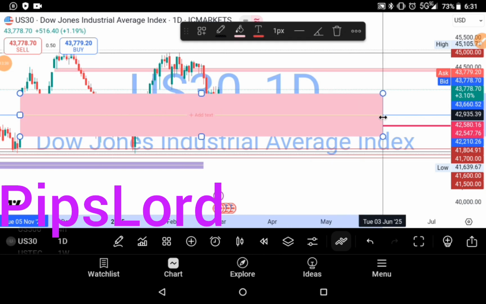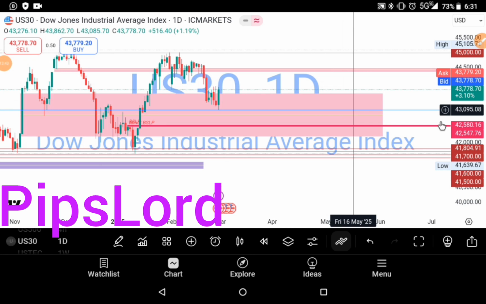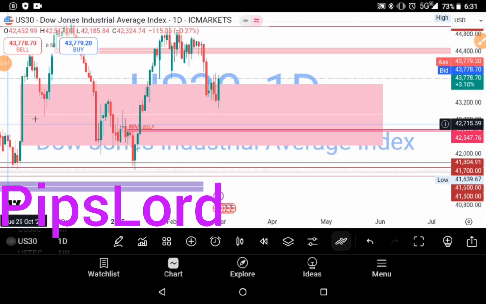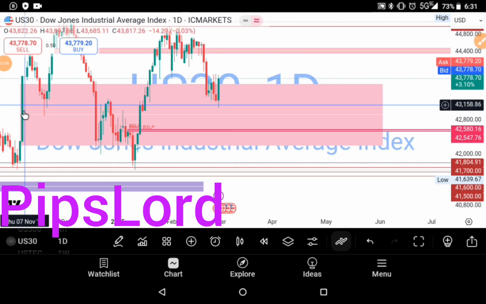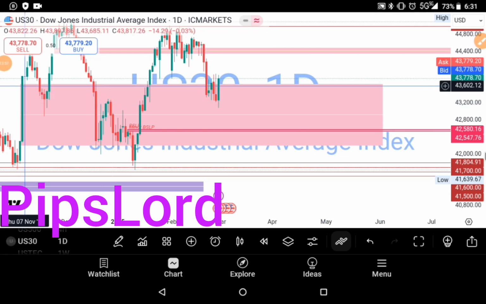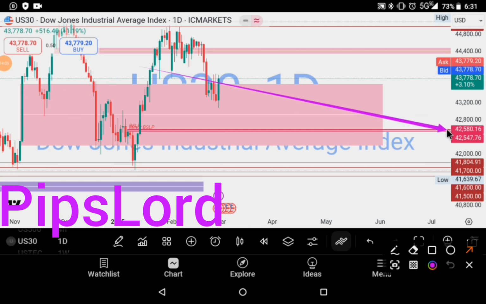Then I'll be watching if that level could give way, if the consequent encroachment of this BC could give way. This is a buy side imbalance, sell side inefficiency. If the consequent encroachment of this BC could give way, then I'll be watching this level again, 42,580.